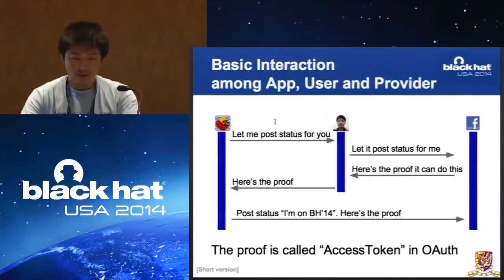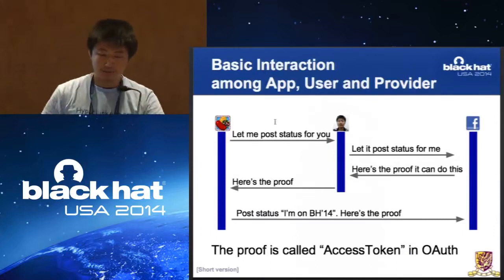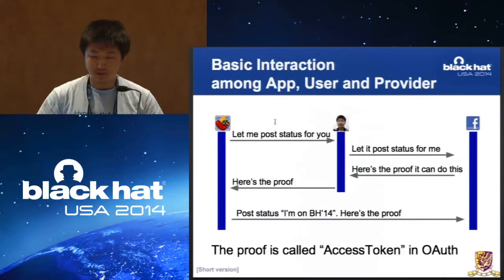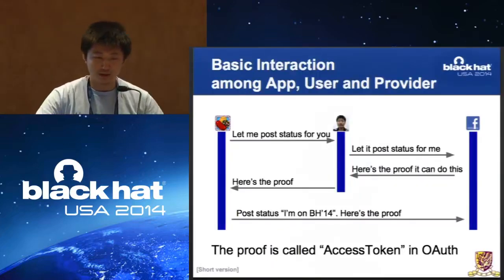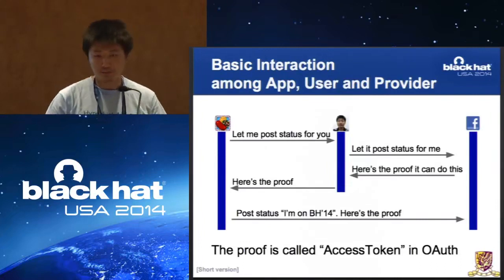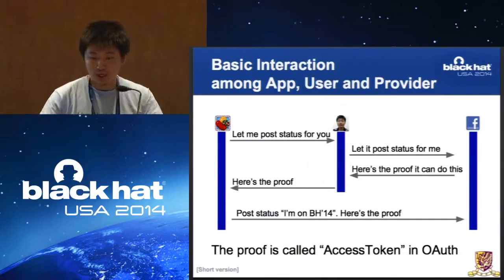This is the basic interaction among app, user, and provider. For example, the app will ask the user, okay, let me post the status for you, and the user will go to the provider and say, okay, let this app post something for me. The provider will give the user a certain kind of cryptographic proof that the app has certain permission.